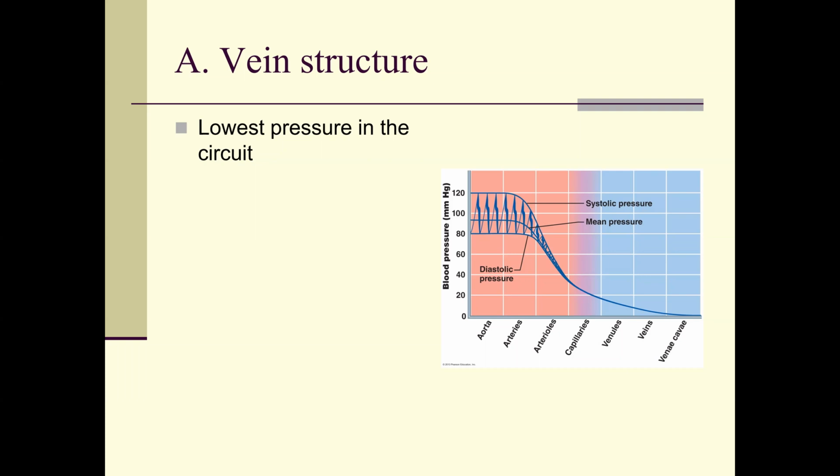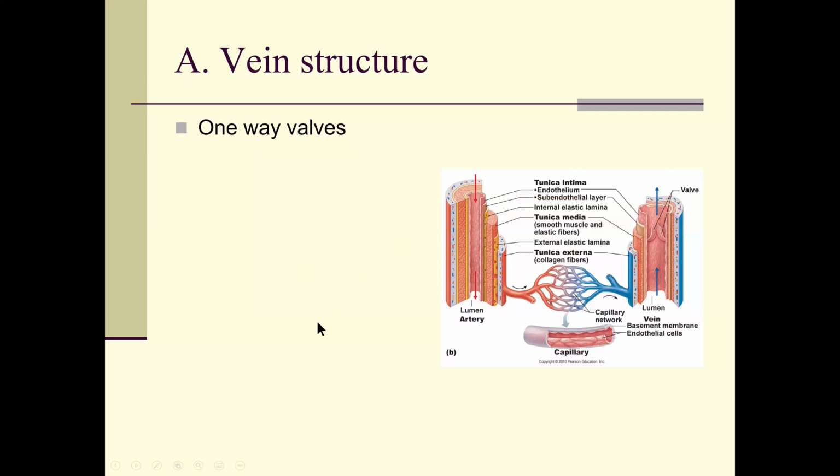So we're trying to get blood flow to go back to the heart in a very low pressure system that's expanding in size. If you have a low pressure system that's expanding in size, then the pressure is going to go even further down. And we don't have that pulse to try to push this stuff back. So the lowest pressure in the system is in the vein structure.